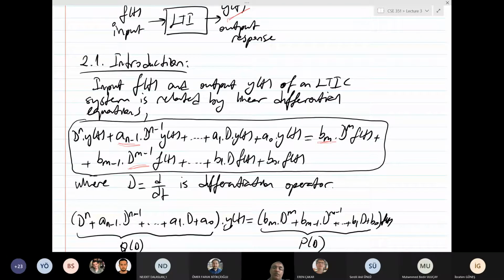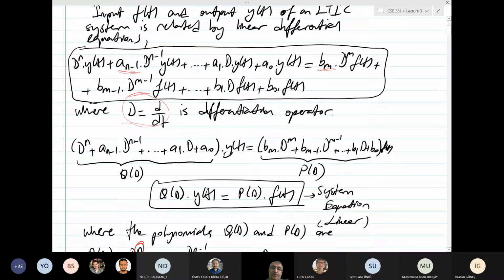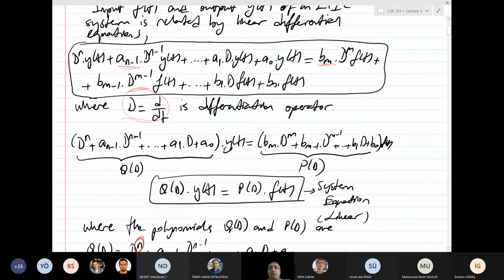So here we use the notation D, which is equal to the differential with respect to t, time. So capital D is a differentiation operator in this course. Okay, so we can take the y of t output out of the parentheses.